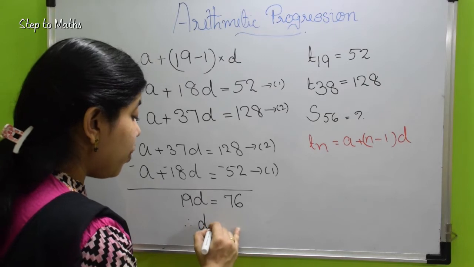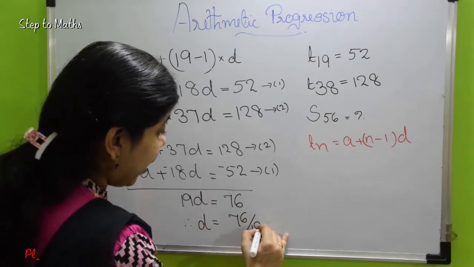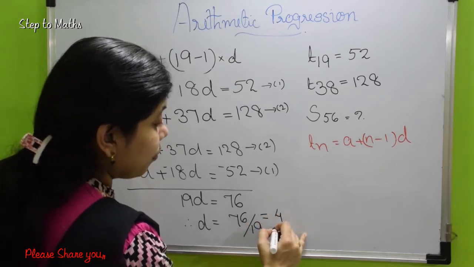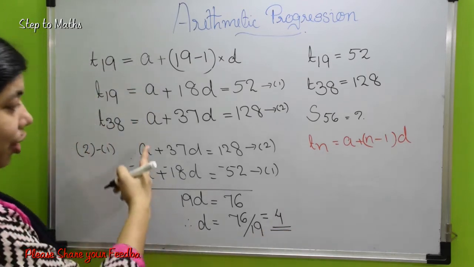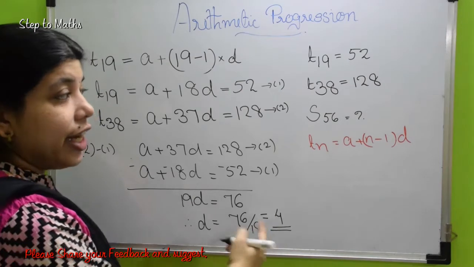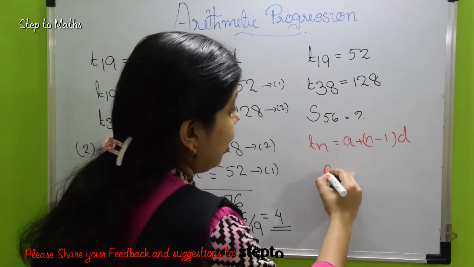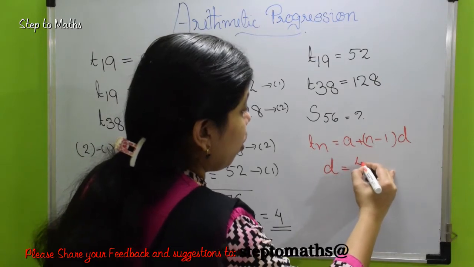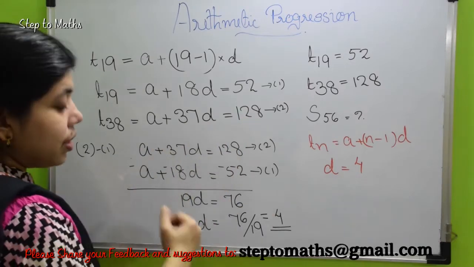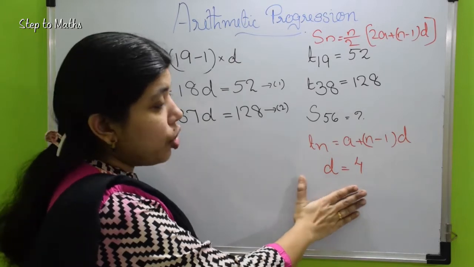Therefore, d is equal to 76 upon 19, which is 4. From these two equations, we get d is equal to 4.